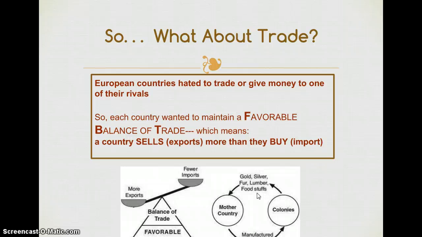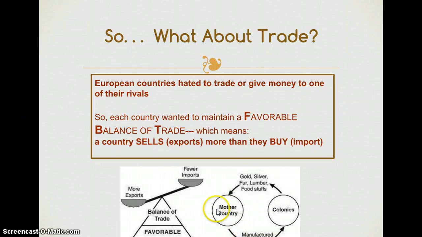So rather than paying Spain for that, they put the colonies in the Americas that make all this stuff, and that then goes to the mother country, and the mother country can sell it back to the colonies or even other European rivals. Okay, so the French made a lot of money. They were especially good at the fur, right? So that came back into France, and then France made it into fur coats or something. Okay, hopefully this makes sense. If it doesn't, please ask questions in class.